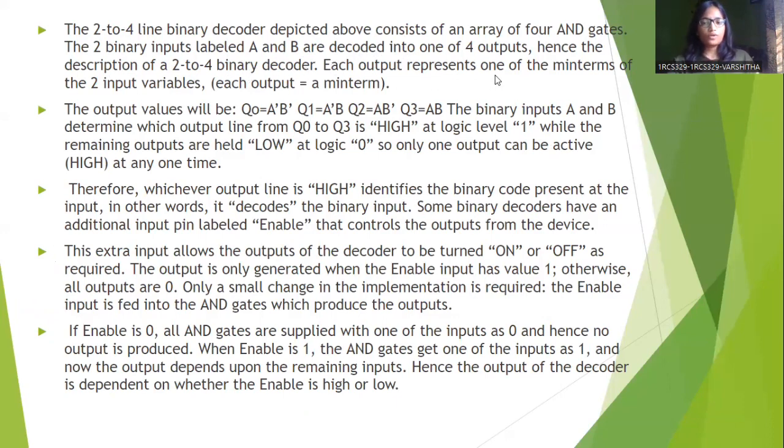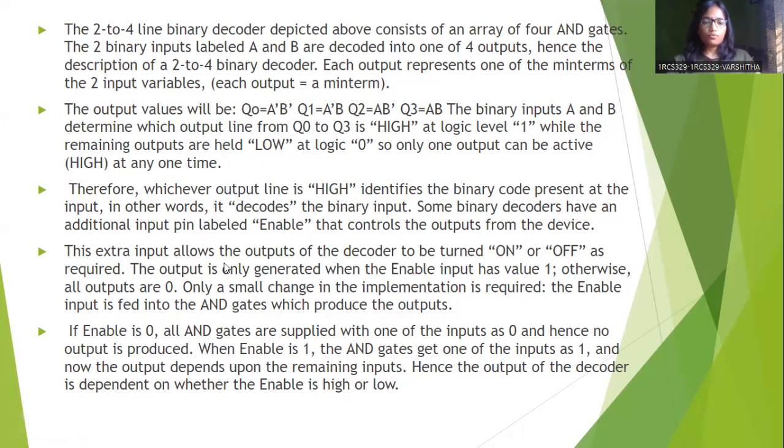Each output represents one of the minterms of the two input variables. Q0, Q1, Q2, Q3 are the minterms of the input signals A and B, where high represents 1 and low represents 0. Therefore, an output is high whenever the input matches the combination of logic in the decoder.